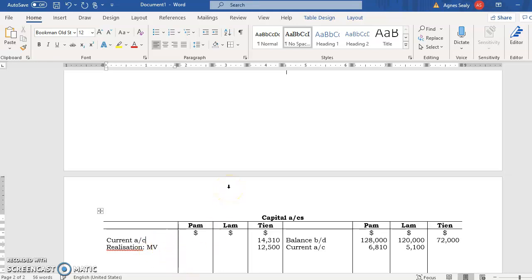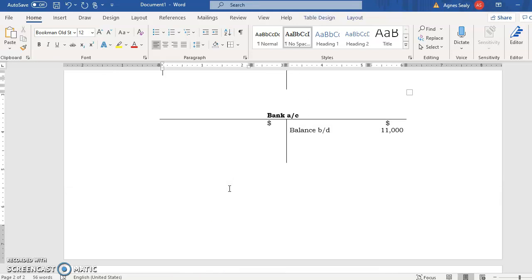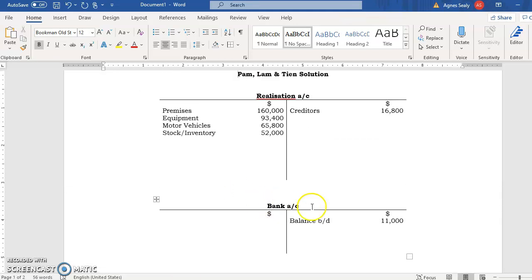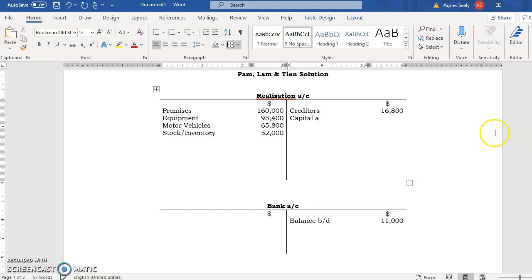Then we're going to go back to the realization account and credit it for the same $12,500. So the details here is capital account, whose capital account, Tien, for the motor vehicle that he took at the value of $12,500. So we've looked at that entry.